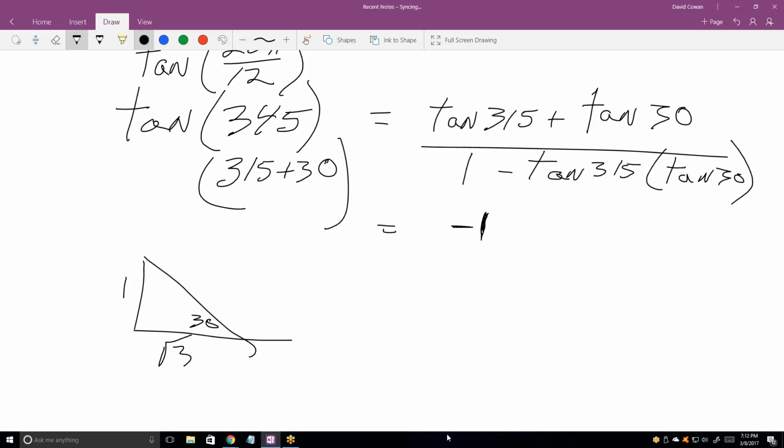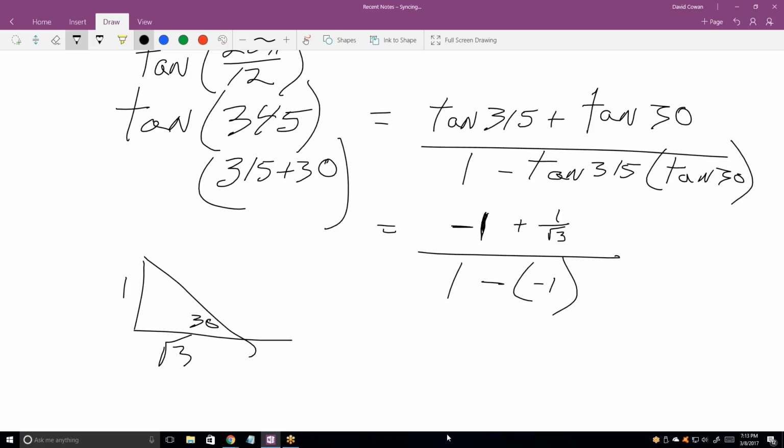Okay. That comes out to be root 3 over, no, 1 over root 3.